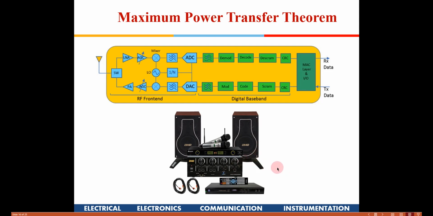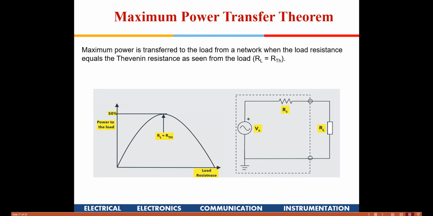So in all these situations there is a need to couple the energy from one stage to other in a very efficient manner. There are certain prerequisites for it, so we'll study how it is done.